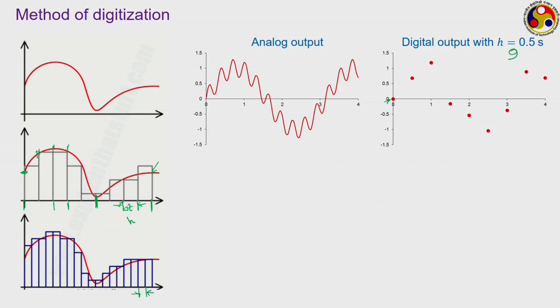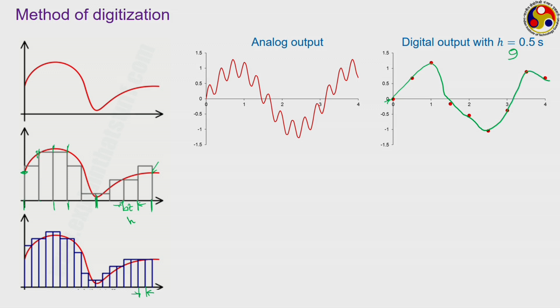One corresponds to t equal to 0, and then 8 more, 0.5 second apart subsequently. If we now plot these 9 data points and join them by a suitable line, we are most likely to end up with a curve something like this.